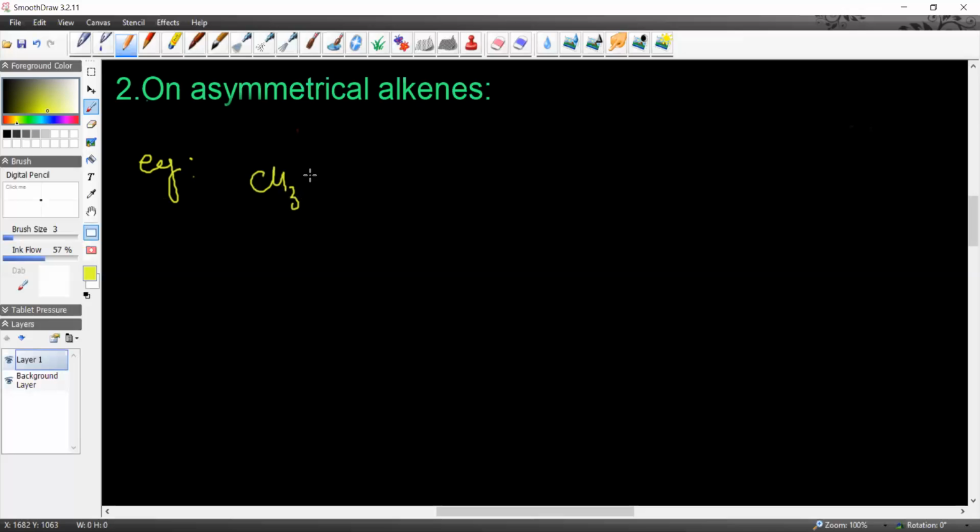So here we have propene, CH3 single bond CH, double bond CH2. Good. And you are adding the same hydra acid as the previous one, hydrogen bromide. The same situation arises: the hydrogen acquires a partially positive charge and the bromine gets a partially negative charge due to the electronegativity difference in hydrogen bromide.